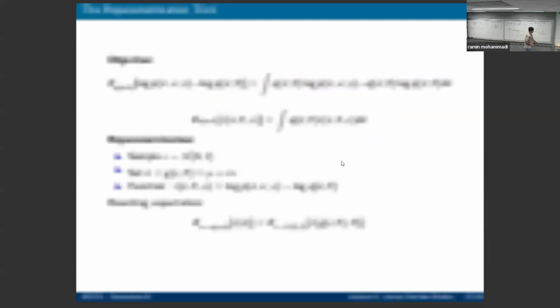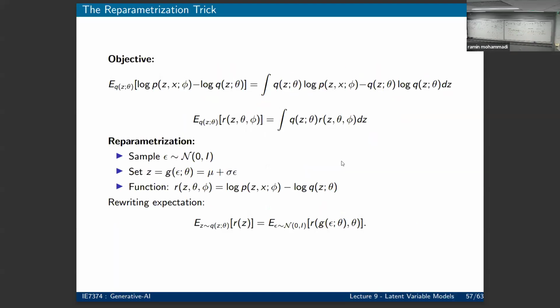Now in the reparameterization trick, basically what we do, on the first line, what you see is what we had before: expected value, sampling from Q, log of this minus log of that. Which you can present also this way. Here we introduce this function called R, and R means this function basically.